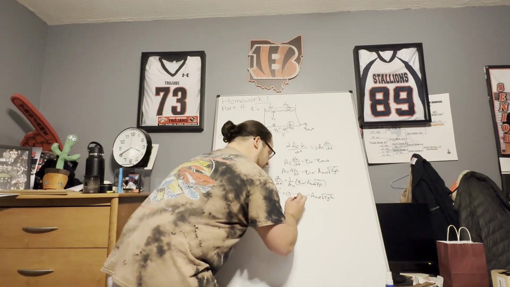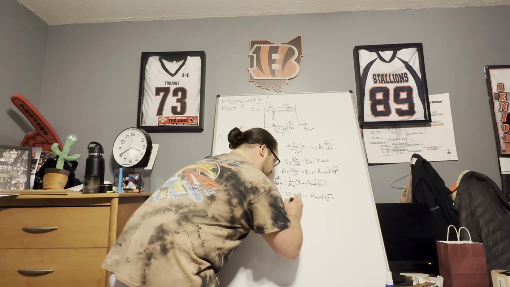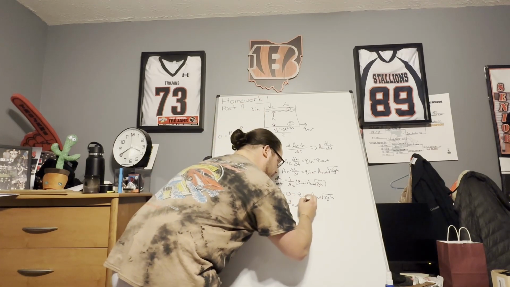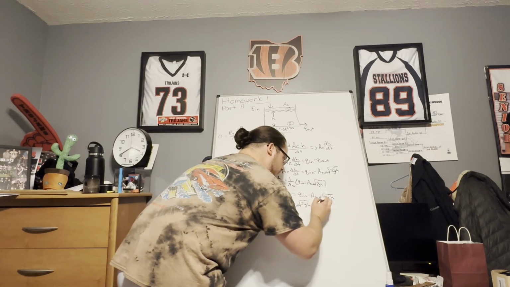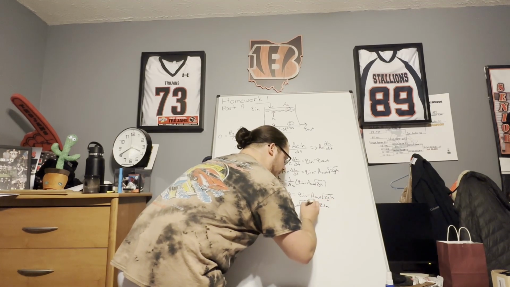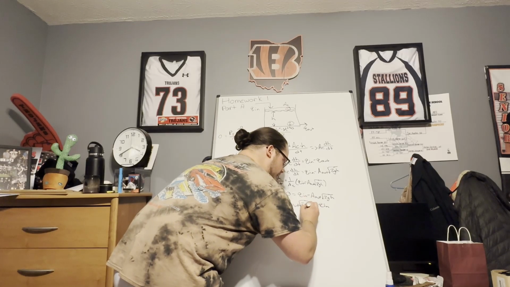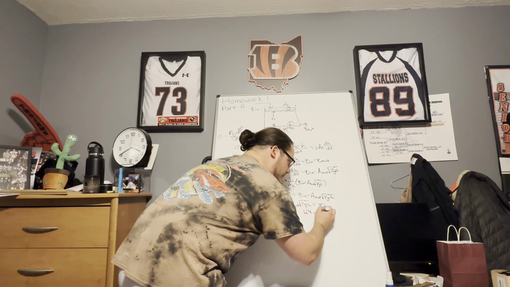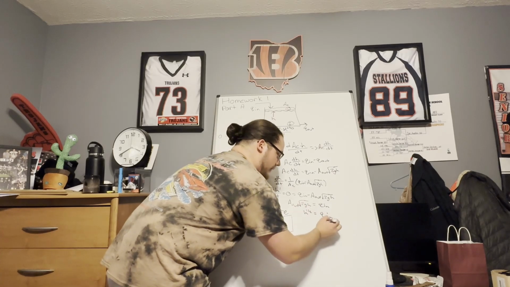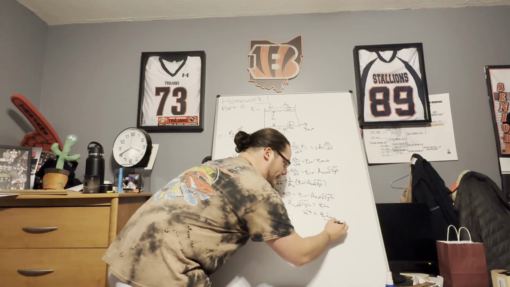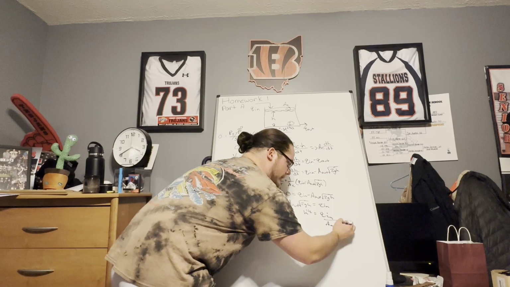So we'll have A out root 2gh is equal to Q in. So I'm going to have h to the 1/2 equal to Q in over A out times square root of 2g.